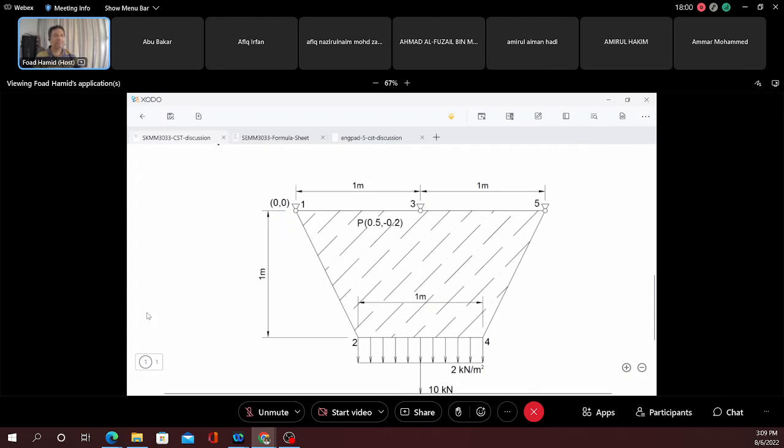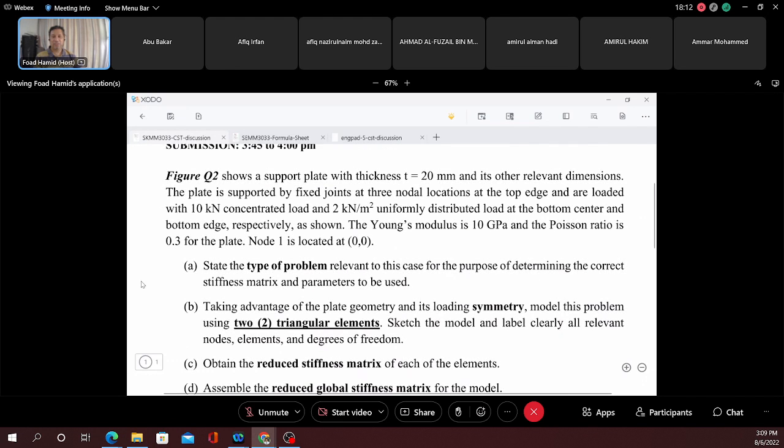A 2D element has an area, and since you have a thickness of 20 mm, you have the volume of the plate.